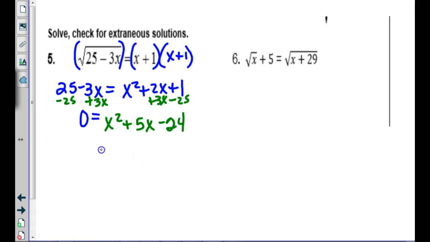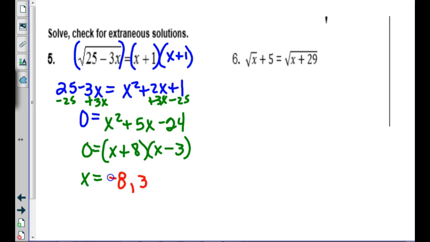Did I do that right? x plus 8, x minus 3. Is that right? So I get x equals, okay. If I go to check those, I promise something's going to be extraneous tomorrow, I think.